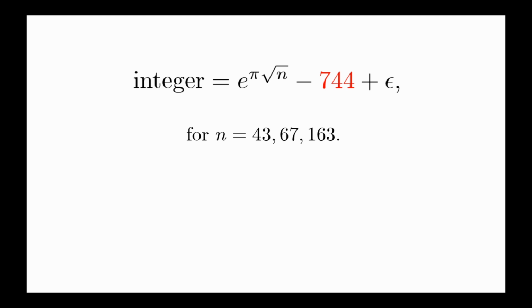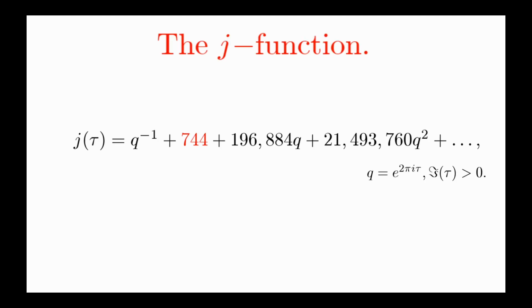But we also want to figure out whether there are other positive integer values of n which will produce an almost integer. And we also want to know whether we can make this almost integer as close as possible to an integer. It turns out that to answer these questions, we need to turn to a function called the j function.